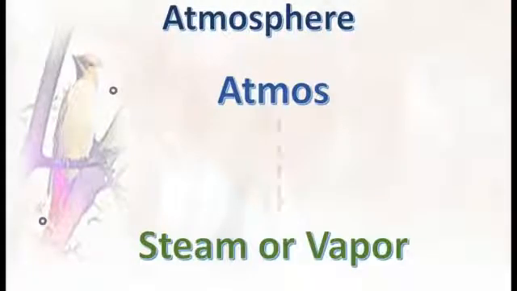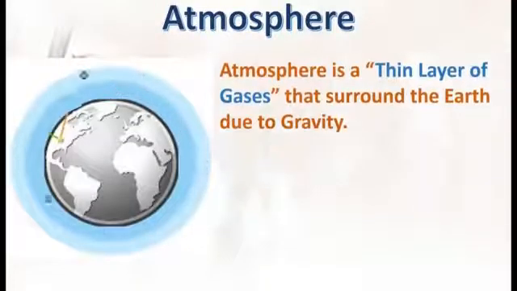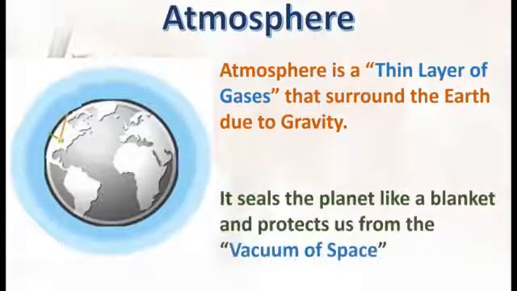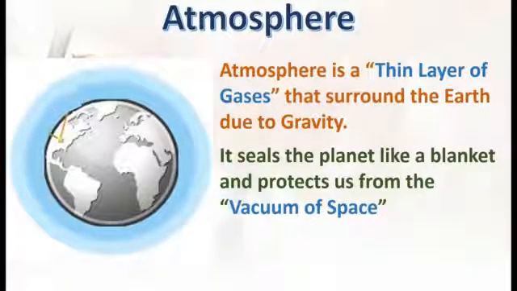The word atmosphere is derived from the Greek word atmos, which means steam or vapor. It is a thin layer of gases that surround the earth due to gravity. It seals the planet like a blanket and protects us from the vacuum of space.